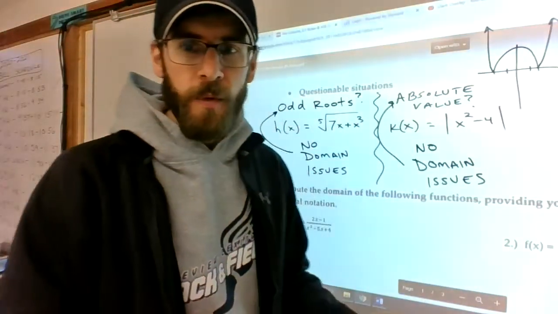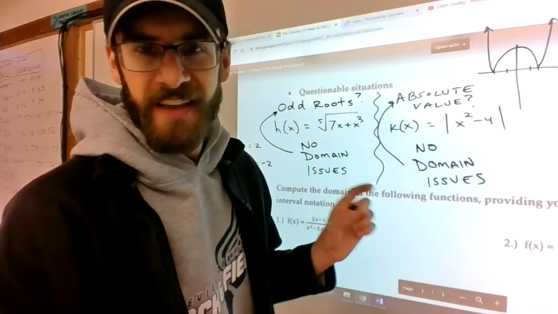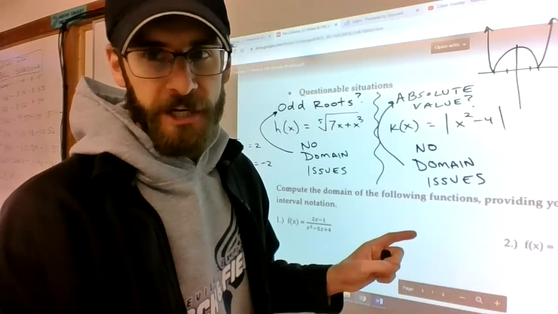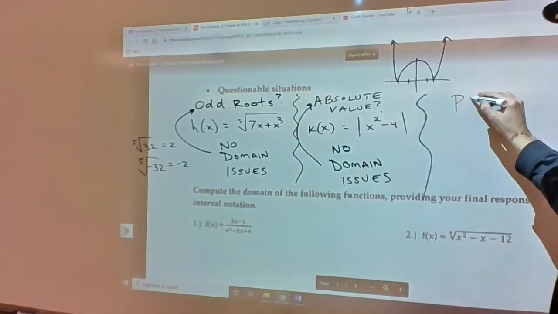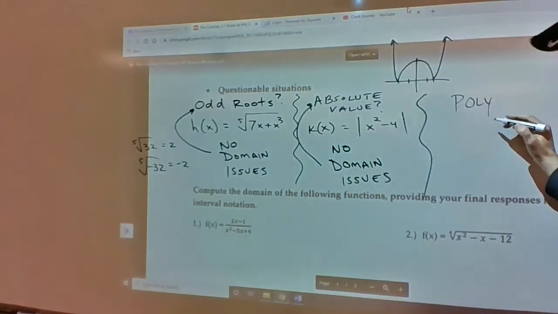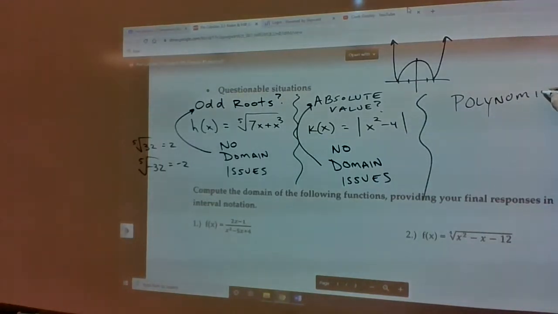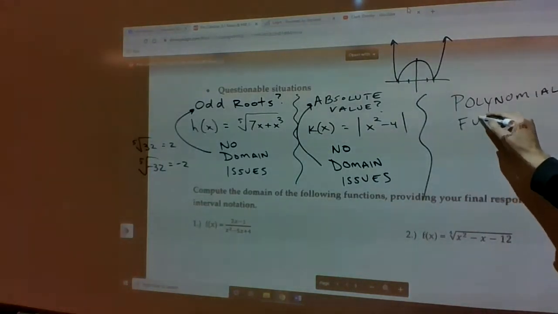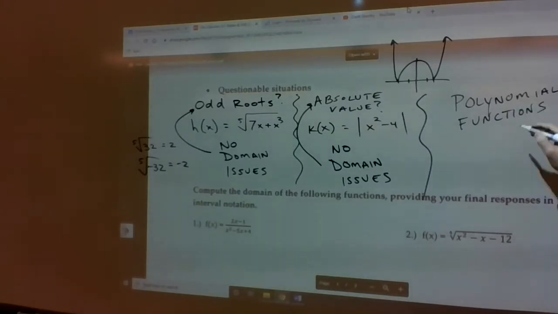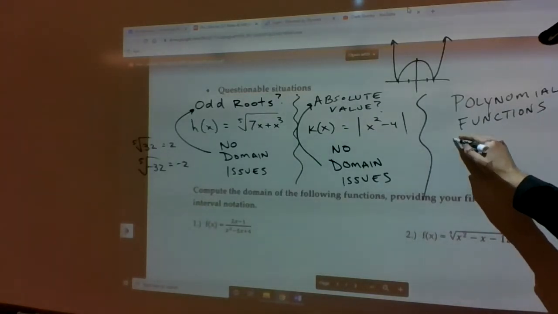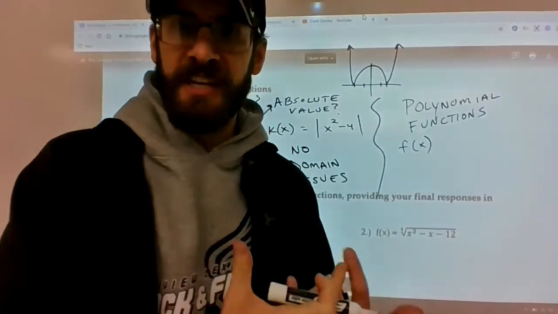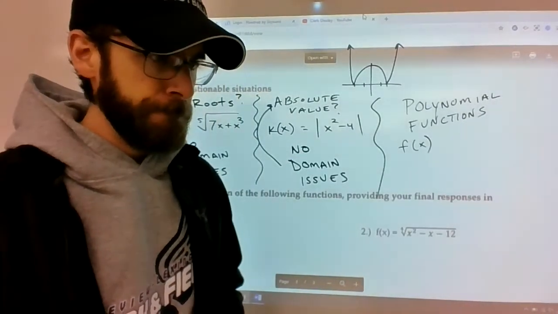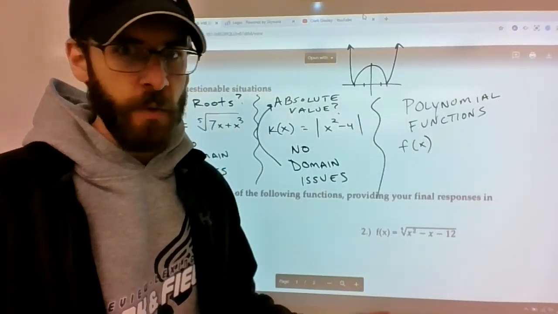I could probably talk about several other situations, but I think I'll leave it at that. Odd roots, there are no domain issues. Absolute value, there are no domain issues. And actually, let's do one more. What about good old-fashioned polynomial functions? I'm saying any function that can be presented as something like x to the fifth plus 7x squared plus 2.